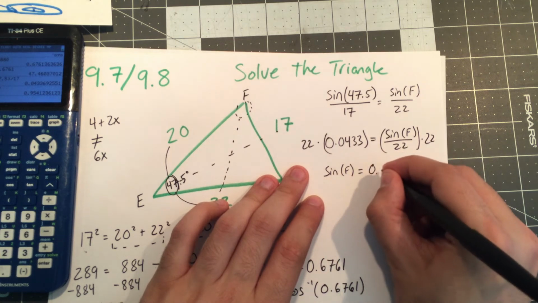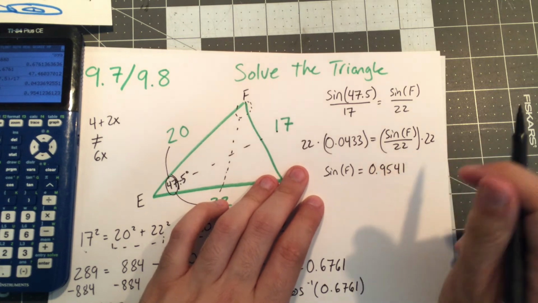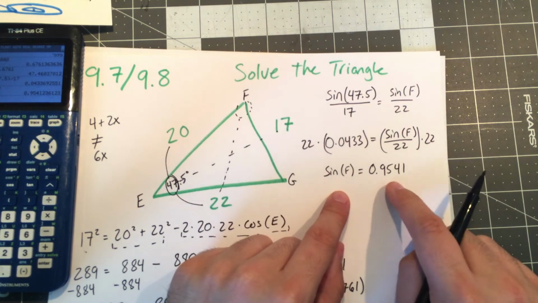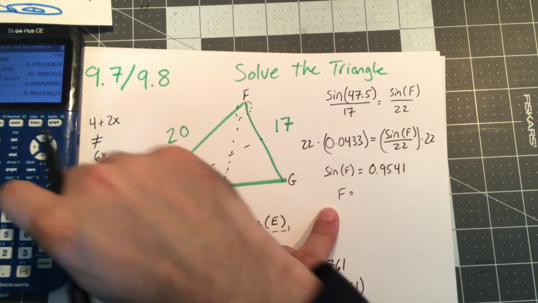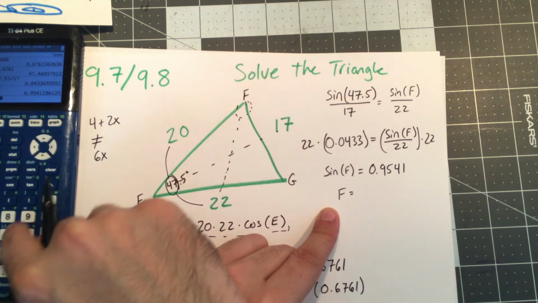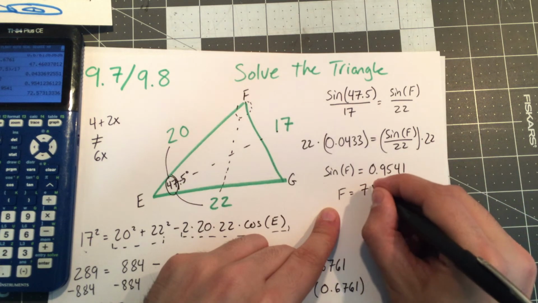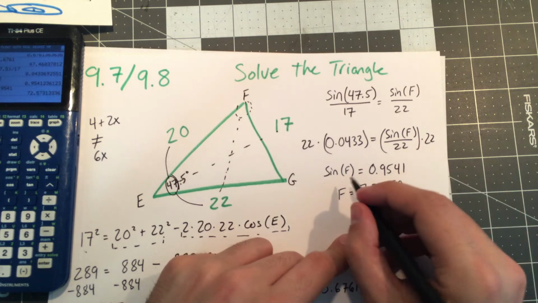Equals 0.9541. And then all it's left to do is look up on our table, or the inverse sine, to find the angle, 0.9541. I get 72.5 just about.